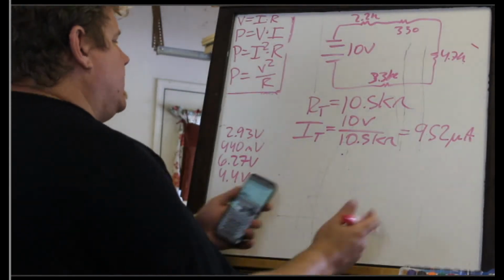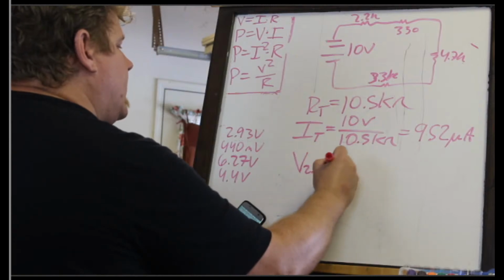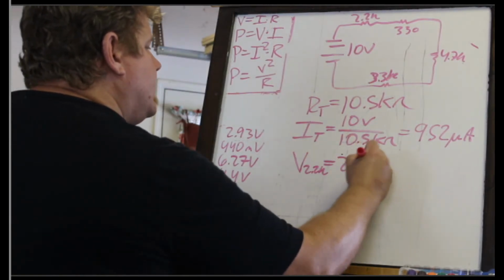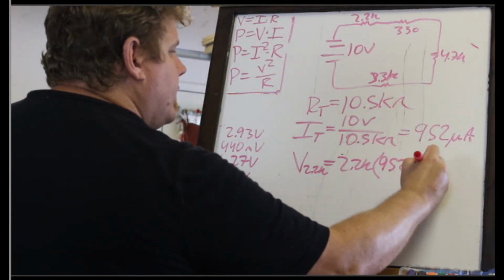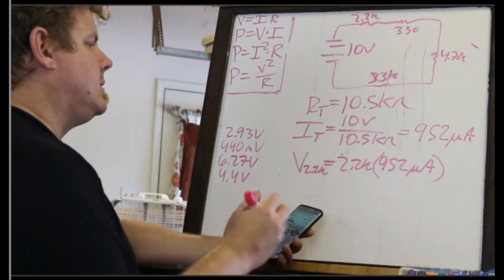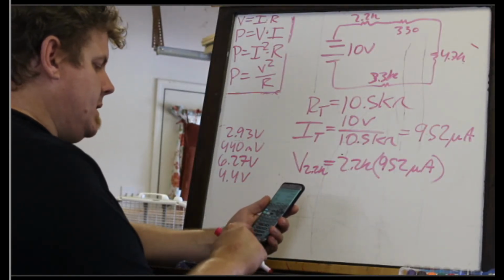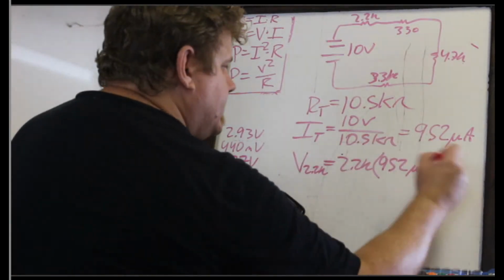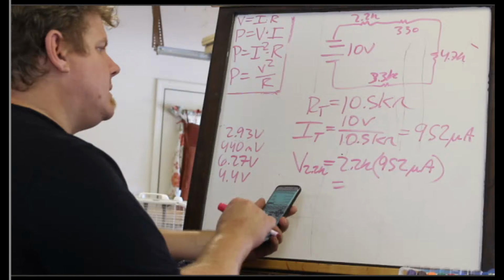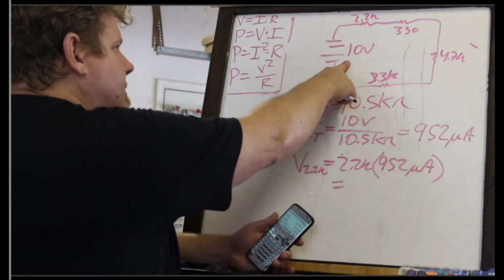All right, well, the voltage on the 2.2K, we had 2.2 k ohm resistance and 952 microamps. Let's see here, so 2.2 times 0.952. And we get 2.09, is that right? Do I have these numbers right here? Did we use 10 volts here?